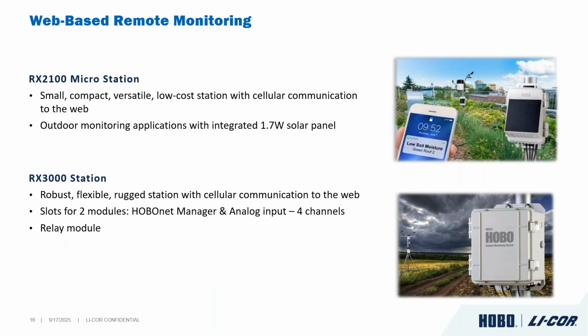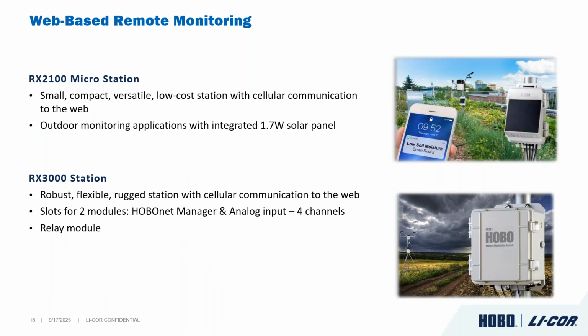As you can see here, we have 2 different types of monitoring stations. You have the RX2100 micro station, which is a small compact station. It offers a low cost, and they do come in 2 versions. We have an indoor version, which is powered with an AC power adapter.